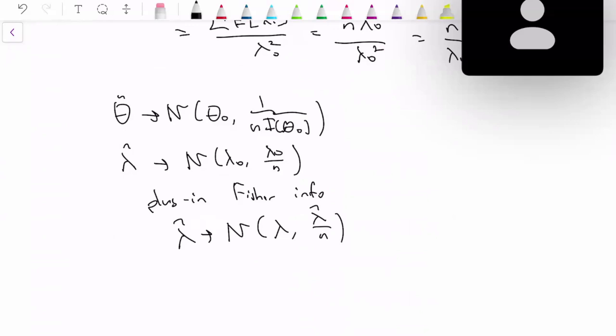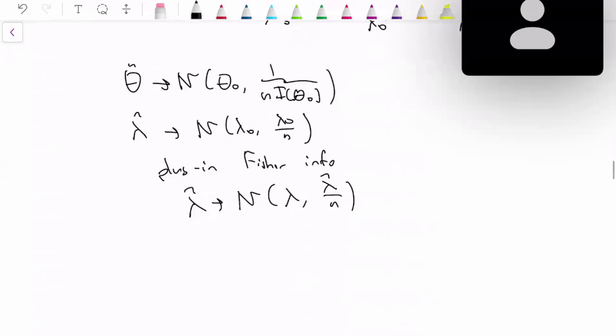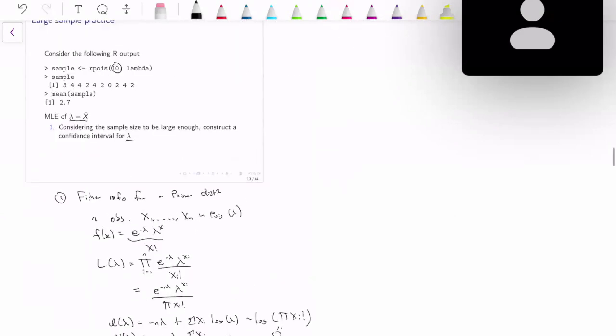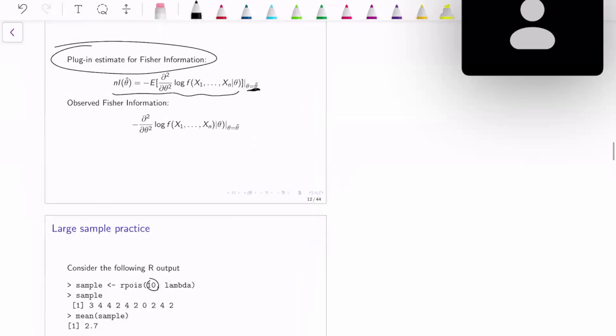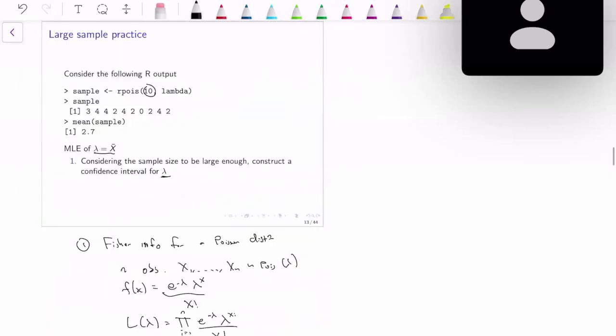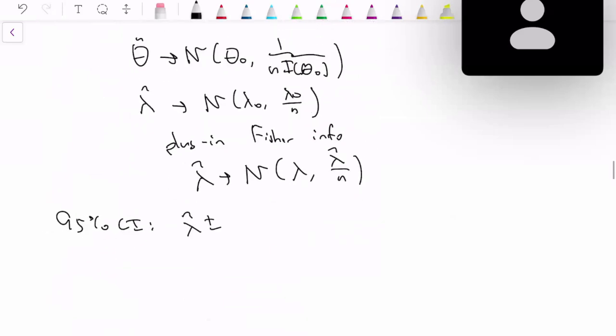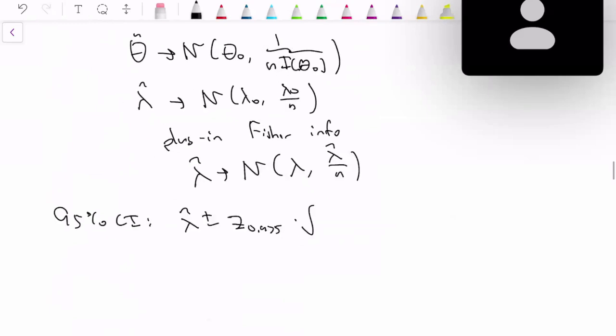So then to get the 95% confidence interval, you would just use the formula that I gave above, right here. The 95% CI will be lambda hat plus or minus z 0.975 times the square root of lambda hat over n.